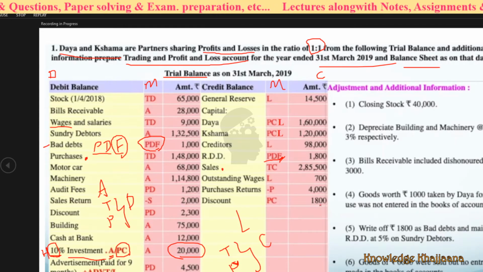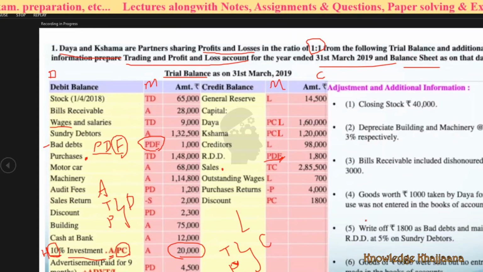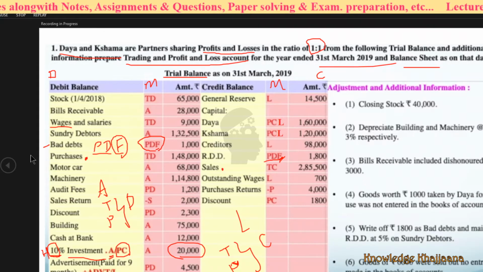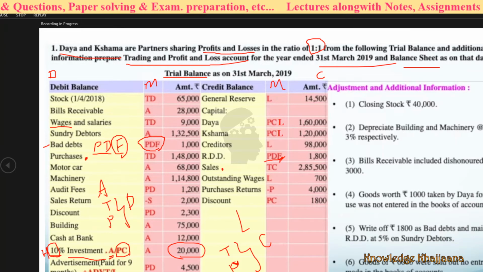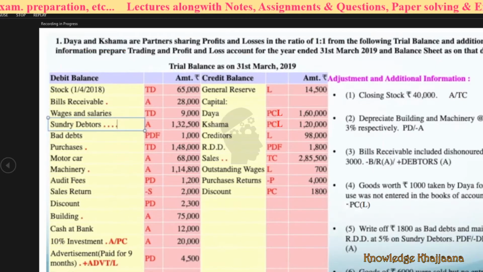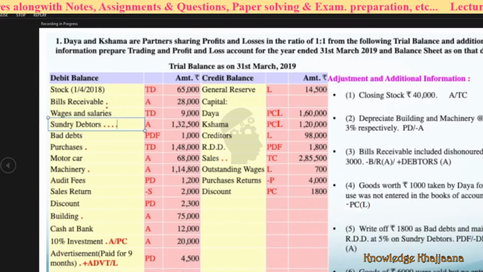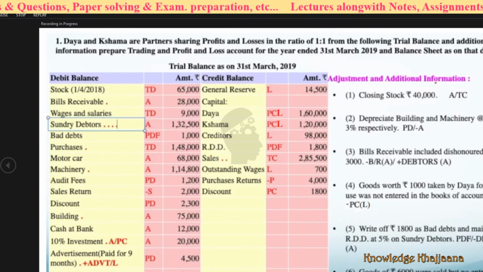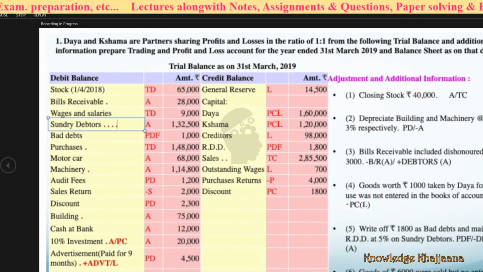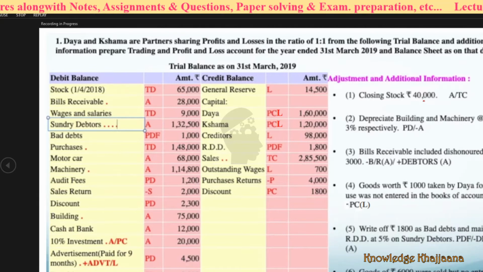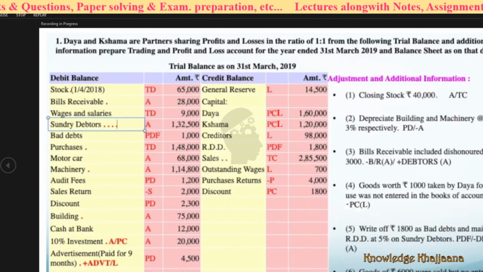Okay, now let's see the remaining adjustments. These are the adjustments and hidden adjustments we have seen. Now see, for the adjustment and additional information, what we have to do. Closing stock: for the closing stock, no related entry is there over here, so we don't have to mark it anywhere.